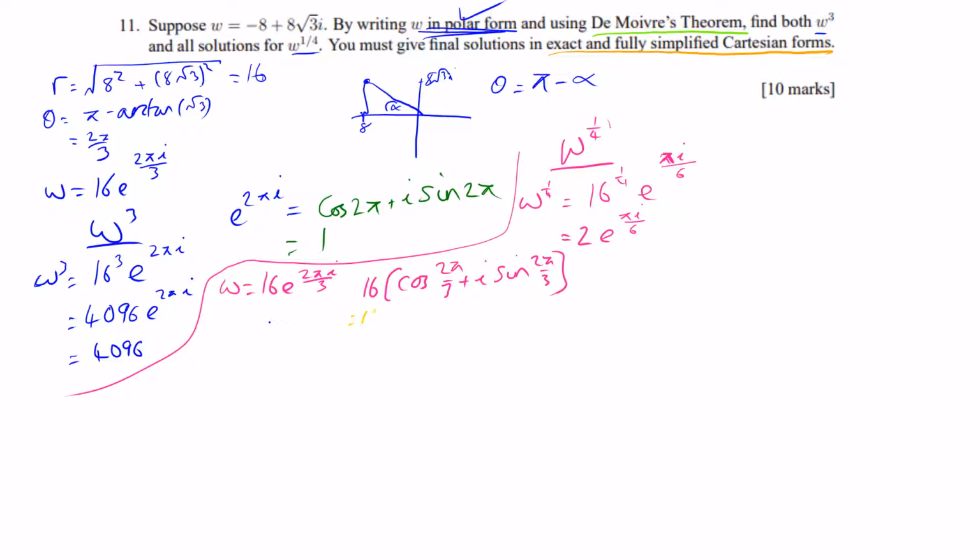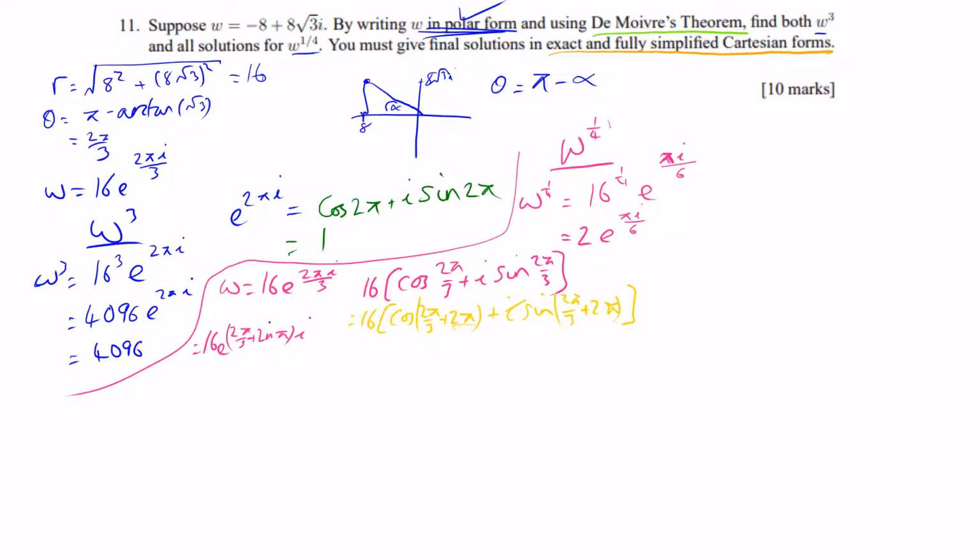Now this is equivalent to 16 lots of cos of 2 pi by 3 plus 2 pi plus i sine of 2 pi by 3 plus 2 pi, and we could substitute this 2 pi by 2n pi. So we can say with surety that w is also equal to 16 e to the power of 2 pi by 3 plus 2n pi i.